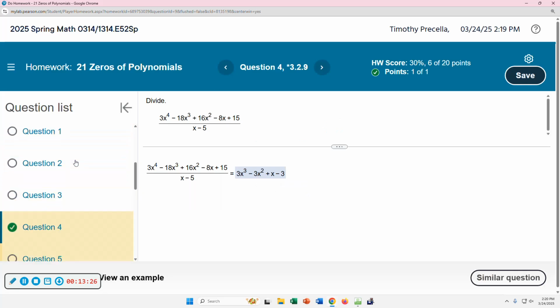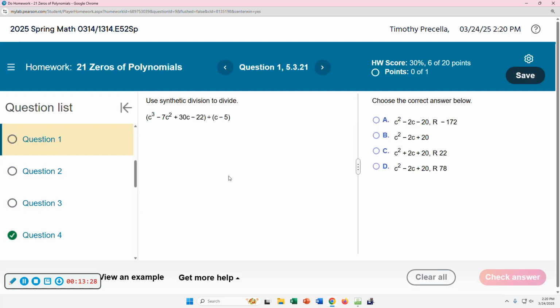Number 1. Oh, look at that. This one is multiple choice, isn't it? Okay, so instead of using an X, they're using a C. So, number 1, let me write the problem down.